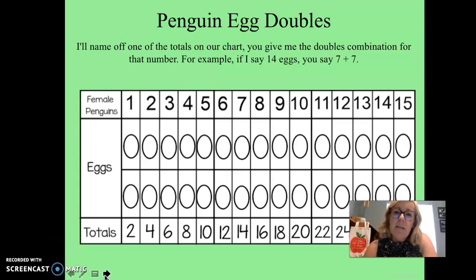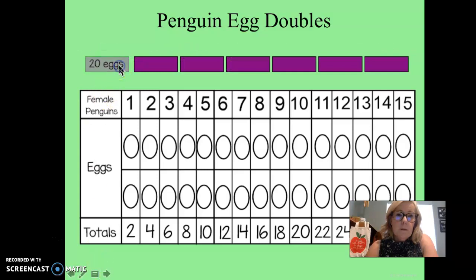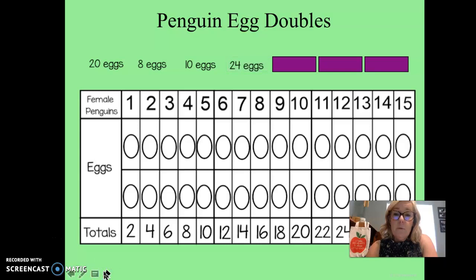For example, if I say 14 eggs, you say 7 plus 7. 20 eggs. 10 plus 10 equals 20. 8 eggs. 4 plus 4 equals 8. 10 eggs. 5 plus 5 equals 10. 24 eggs.